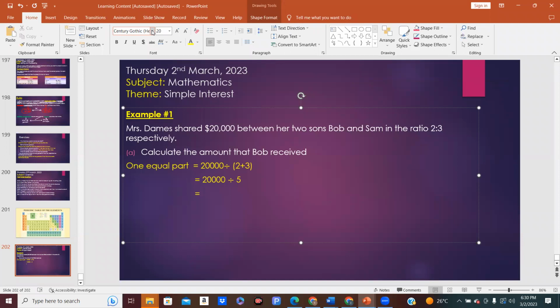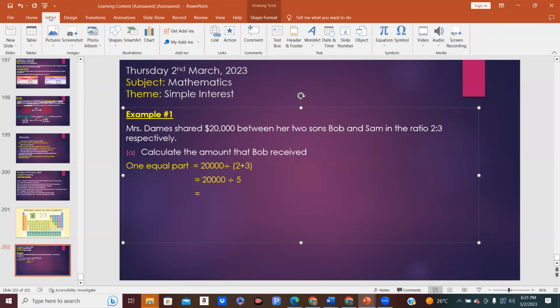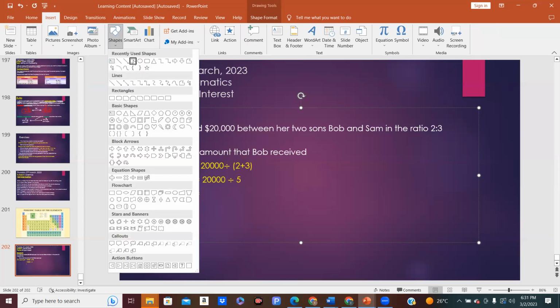What is 20,000 divided by 5? 4,000. You all said it fast, sounds like you used a calculator. I worked it out by hand, it's 4,000. They were right. Let's work it out the right way.